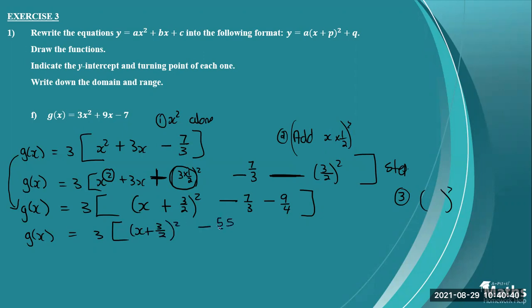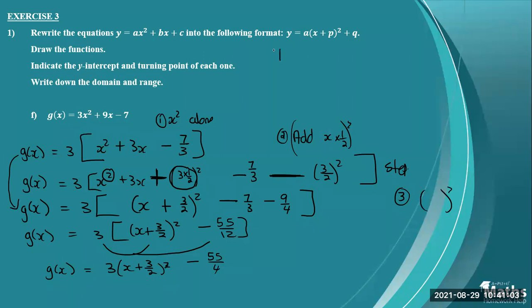Minus 55 over 12. And now the last step, you just distribute the 3 in. So g of x will be equal to 3 times (x plus 3 over 2) squared minus, and that will be 55 over 4.